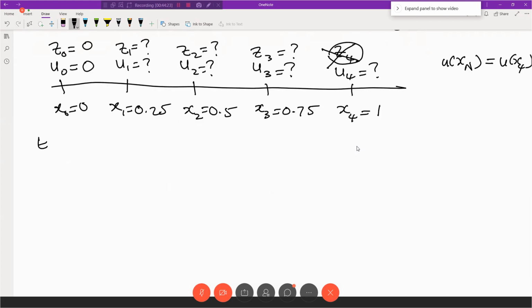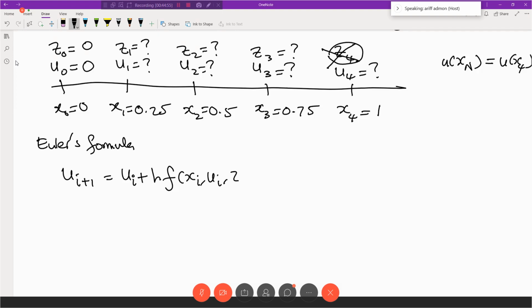So now Euler's method. u i plus 1 is equal to u i plus h f of x i, u i, z i, and another one, z i plus 1 equal to z i plus h g of x i, u i, z i.